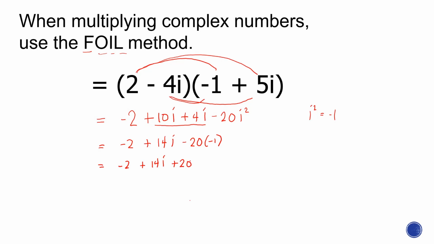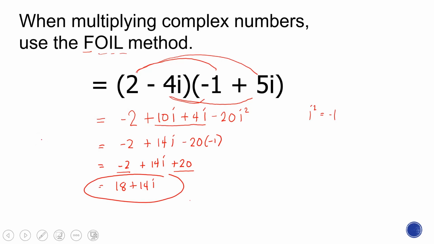Why does negative 20 become positive 20? Well, negative 20 times negative 1 is positive 20. So now we can add negative 2 and positive 20, and that will give us 18 plus 14i. So that's the answer. That's how we multiply complex numbers.